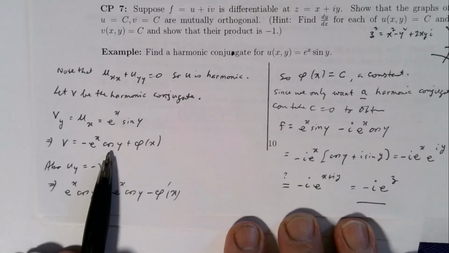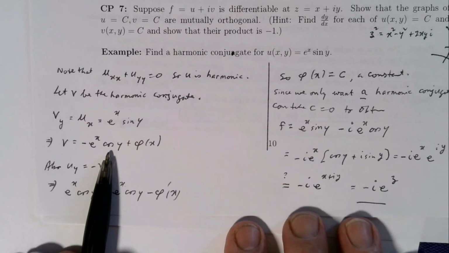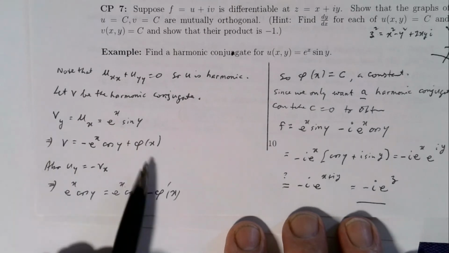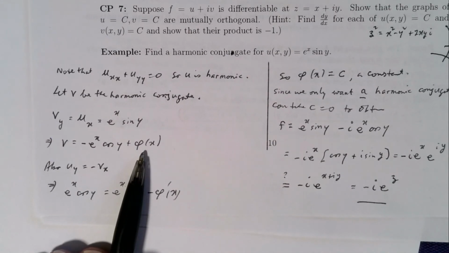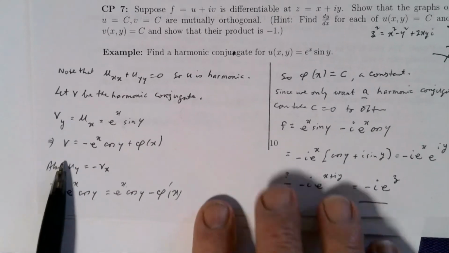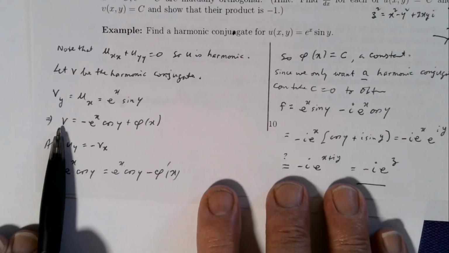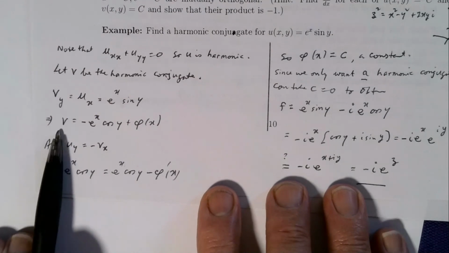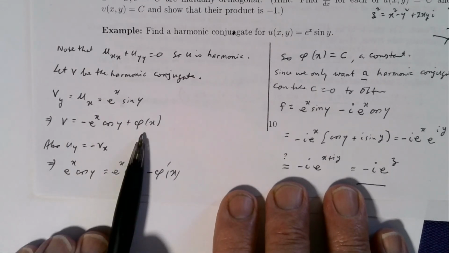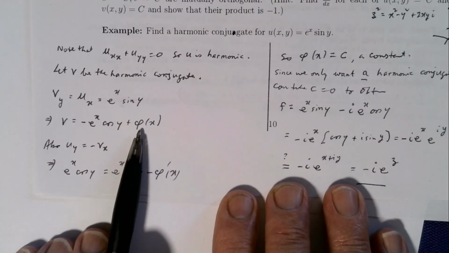Now, normally when you integrate, you pick up a constant, but when you partially integrate, you pick up a whole function depending on the other variable, which here is x. So we can partially reconstruct, pun intended, this v by integrating this, and then we pick up a whole function of x that we don't know yet.